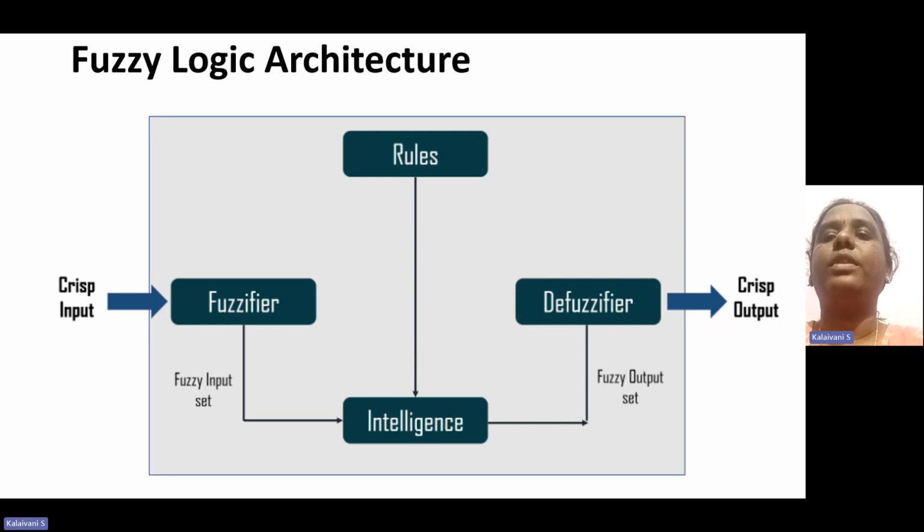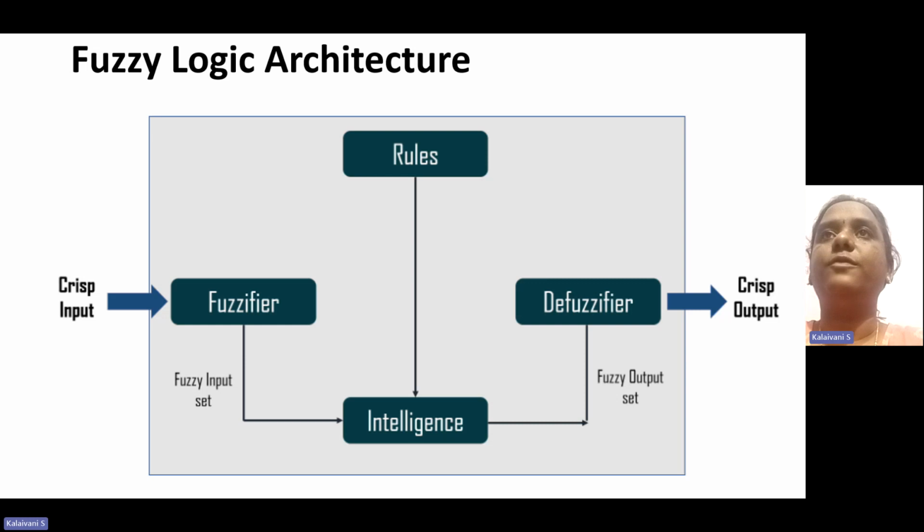Before seeing what fuzzifier and defuzzifier are, let me tell what rules and intelligence are. Rules is nothing but a set of rules or set of conditions to be followed when applying on the particular inputs.